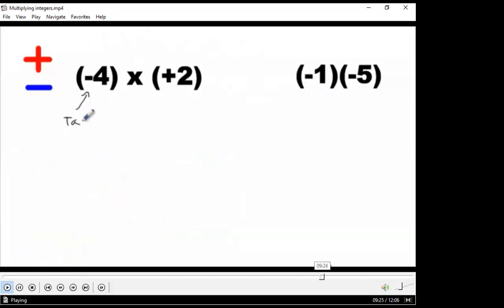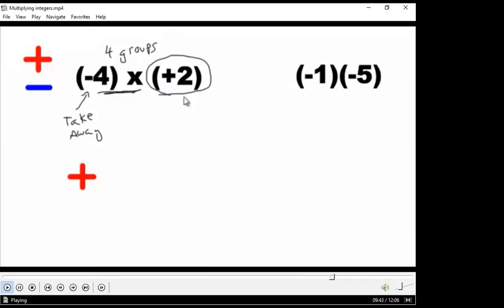First, in the first order, you have negative, right? So the word negative means what? Take away, remove. The first parentheses means take away. The second one is how many you are going to fill each group. Now you are going to order me to make 4 groups, 4 circles. And in each circle, you are going to fill it with 2.